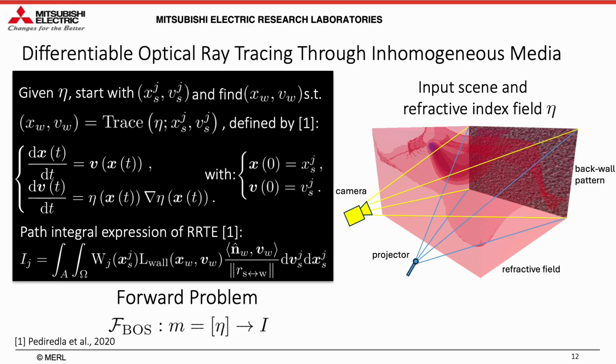And so ultimately, the resulting image that we see at the camera corresponds to a path integral over the direction of the ray of light going from the back wall all the way to the camera.